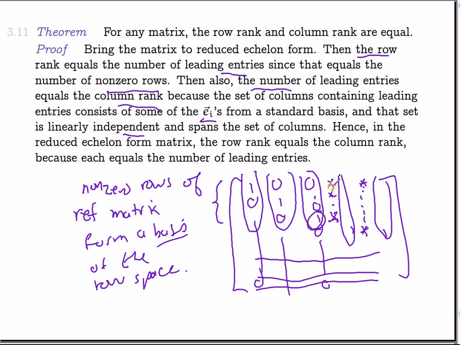On the other hand, any other column vector is going to be a linear combination of these standard basis vectors. Because, for instance, if I have a vector here that has entries 1, 2, 3, 4, well, that's going to be 1 times the first column, plus 2 times the second column, plus 3 times the third column, and so on.